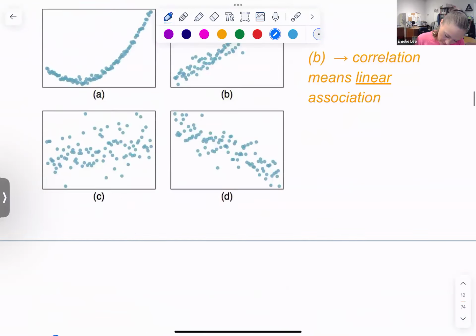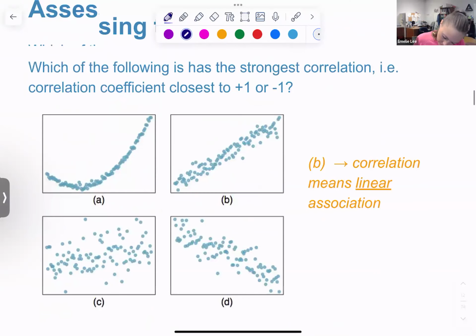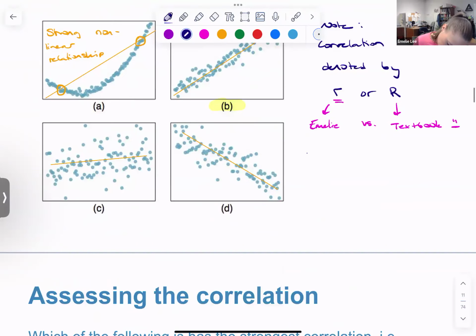The correlation is a numerical measure of the strength and direction.